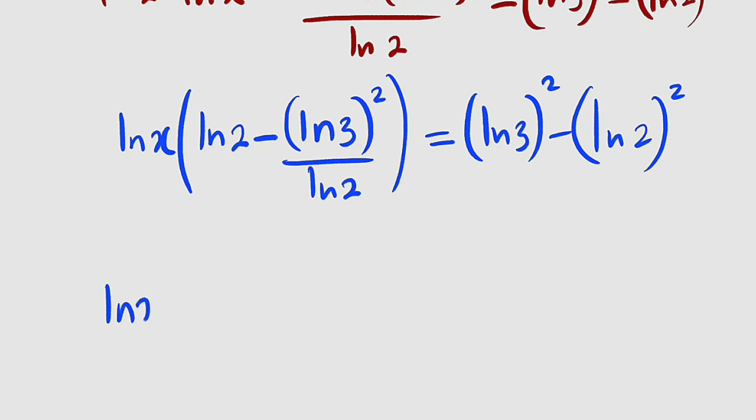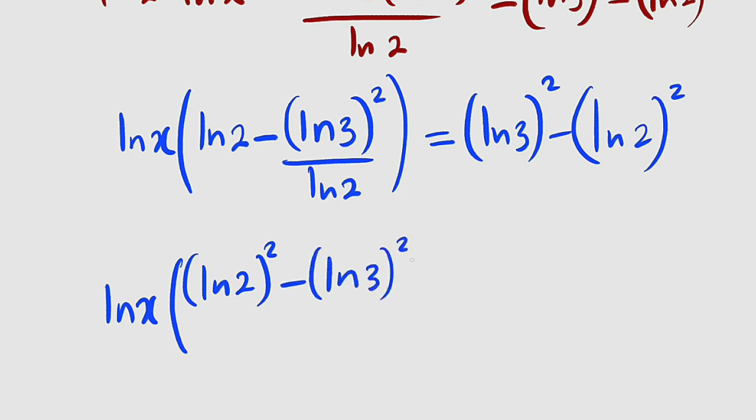This is ln x multiplied by, you take this, you multiply by this, which is going to give us ln2 all squared minus ln3 all squared, then divide by ln2.